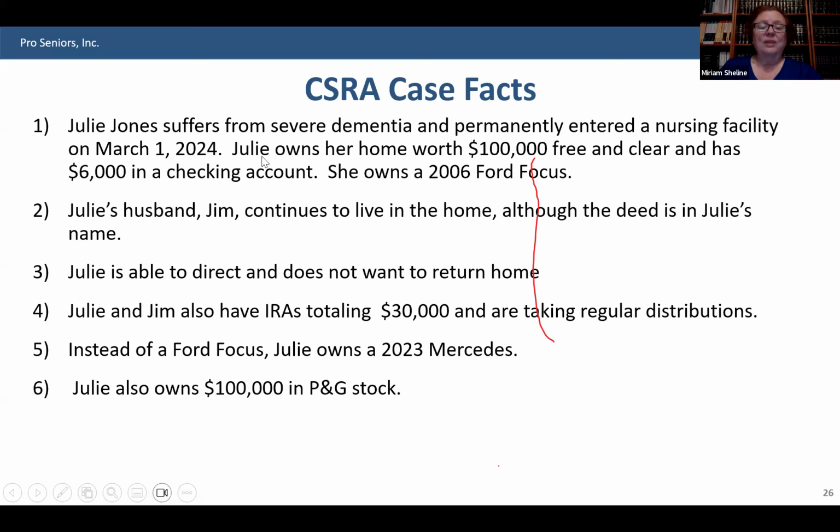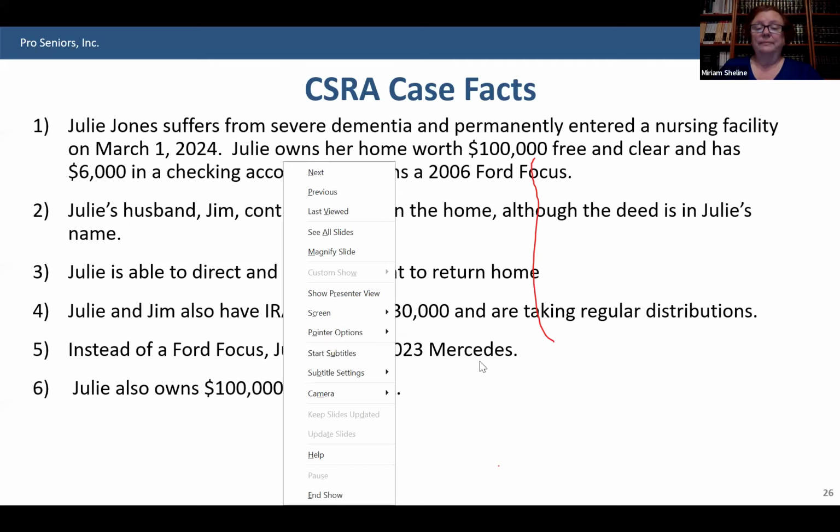So our total countable resources are $106,000. We are going to have to divide that between them so that Jim's CSRA is going to be $53,000, and Julie's is going to have to spend down $53,000 to $2,000 before she qualifies for Medicaid.